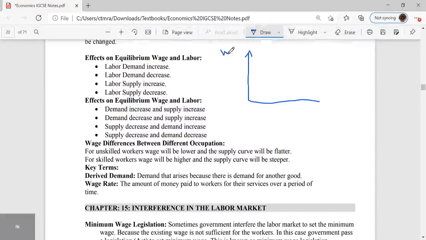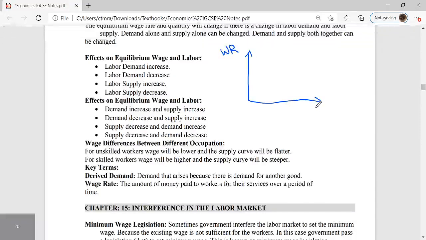Let's put wage rate over here on the y-axis, and let's put quantity of labor here.